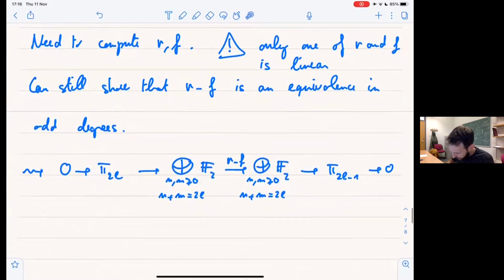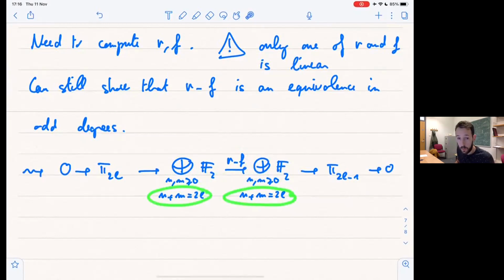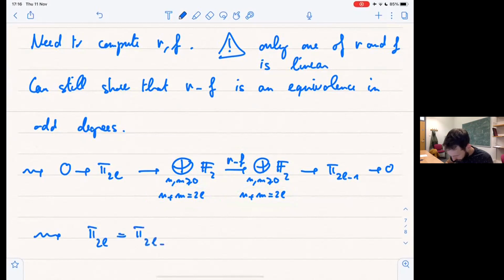And this R minus F is an isomorphism if you restrict it to the non-diagonal terms. And then you can compute what it does on this n plus m equals L term. And then you get that π_{2L} is equal to π_{2L-1}. They're both of those. So that's what I want.